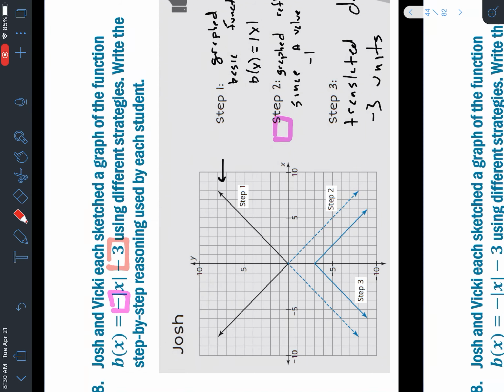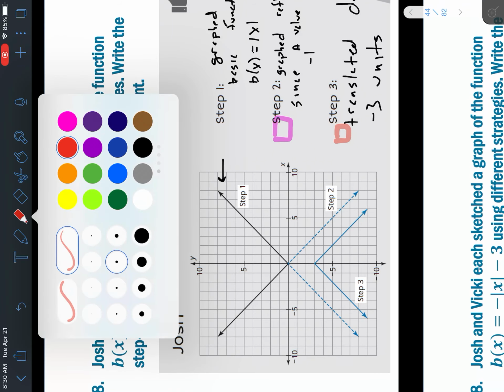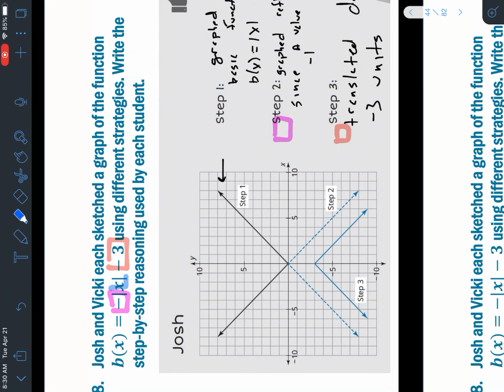This is our step 3, translating down 3 units. And this right there would be our step 1. So he graphed the main absolute value of x. Then he reflected it to get the negative part in front, the pink box. And then he translated down 3 units, the red box.